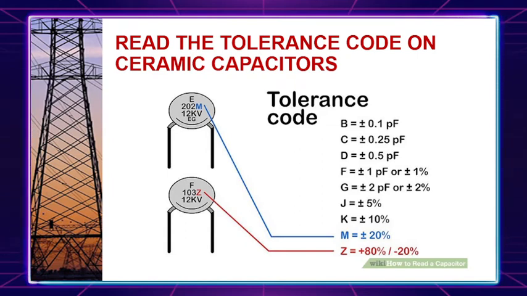Based on the example, M is equivalent to plus or minus 20%. The other one, which is the last letter, Z, is equivalent to plus 80% over negative 20%.